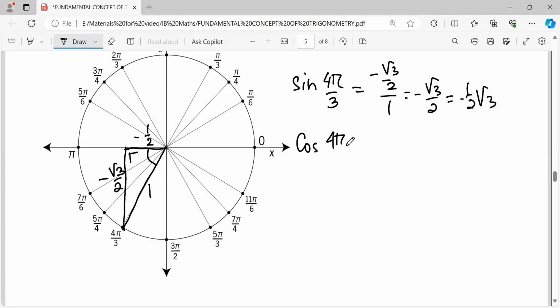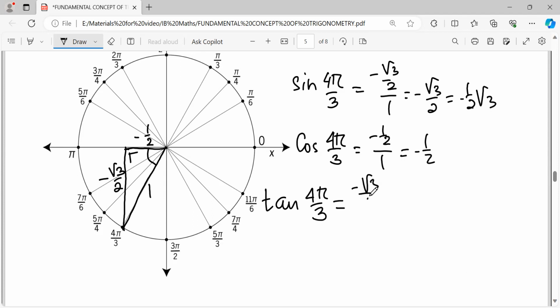Cosine 4 pi over 3 equals negative half over 1 equals negative half. Tangent 4 pi over 3 equals this number over this number, sine over cosine. So negative square root 3 over 2 over negative half equals negative square root 3 over 2 times negative 2 over 1.